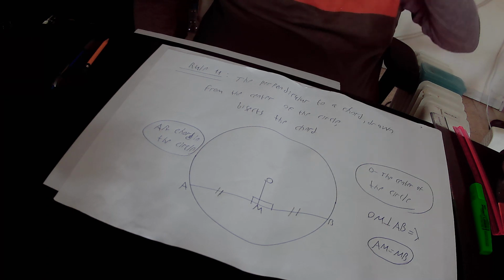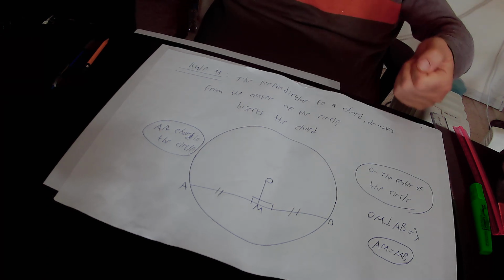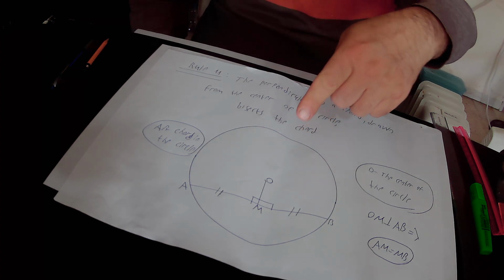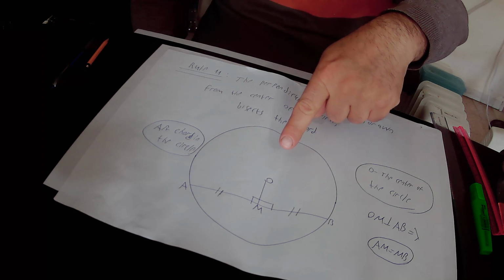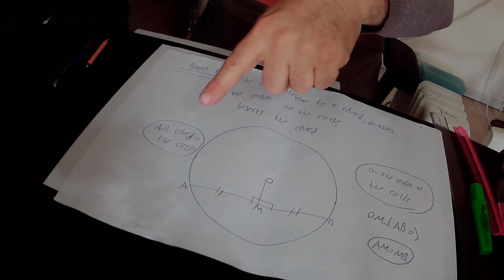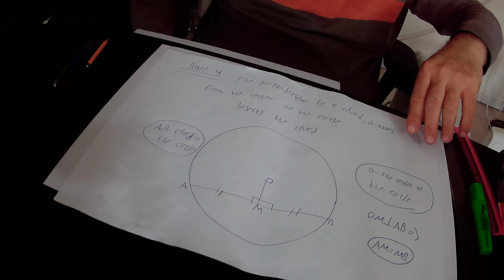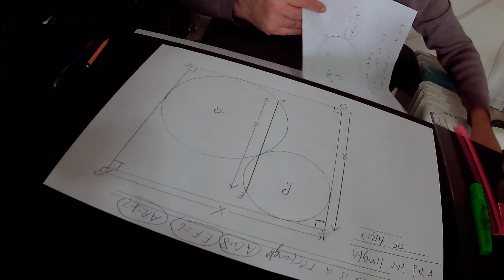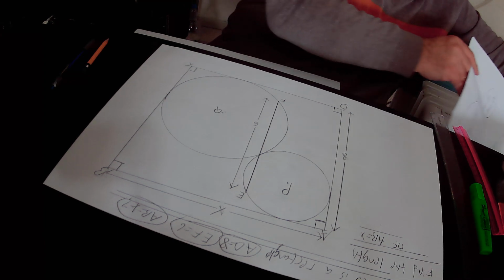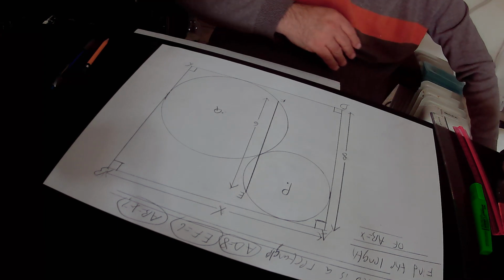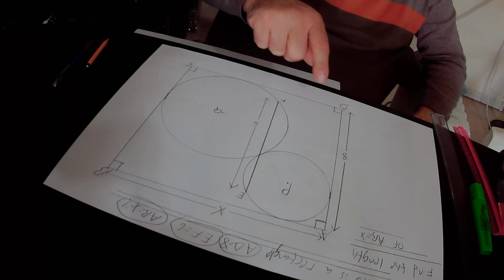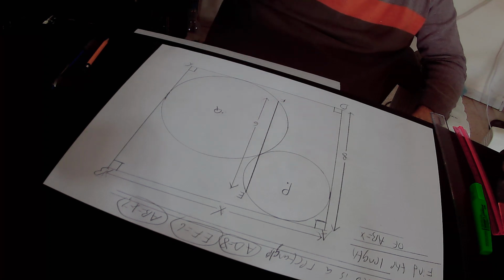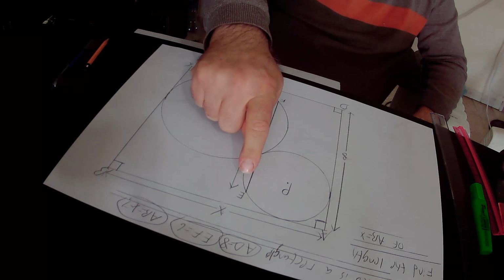A perpendicular from the center of the circle towards any chord bisects the chord. In this case, the perpendicular OM from point O bisects chord AB, that is to say AM equals MB. Now we can implement rule 11 in our drawing. From the center of this small circle, that is to say from point P, we draw a perpendicular on this chord.